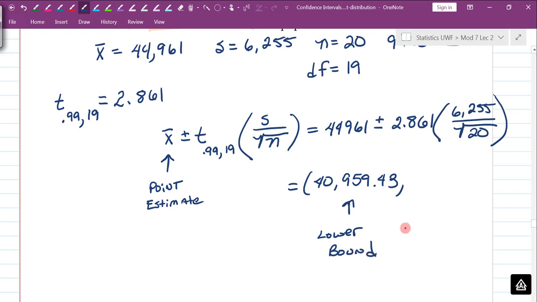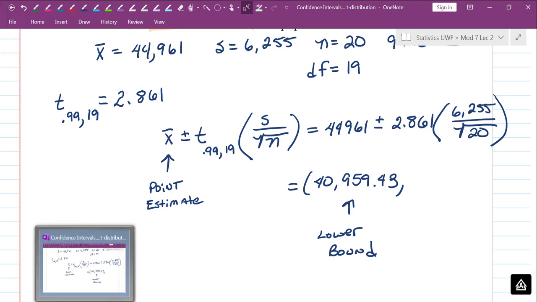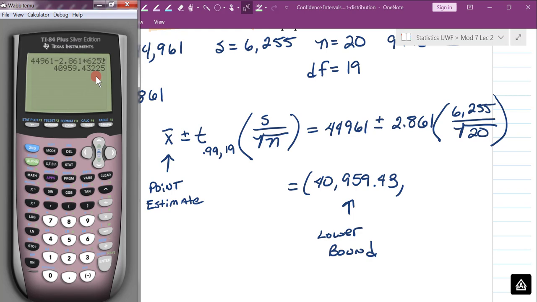Okay, now we need to calculate our upper bound. Let me make sure I got that down right: 40,959.43. Yep. Now again, the shortcut is simply going up twice with this arrow button right here, hitting enter. Now that brings that equation down.